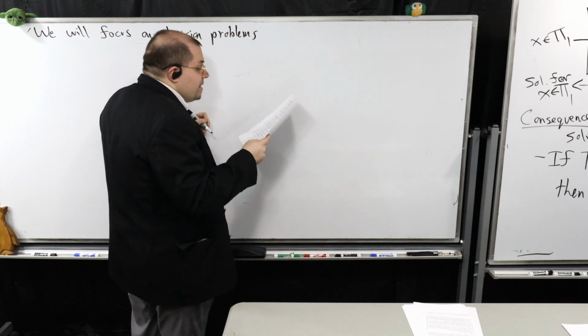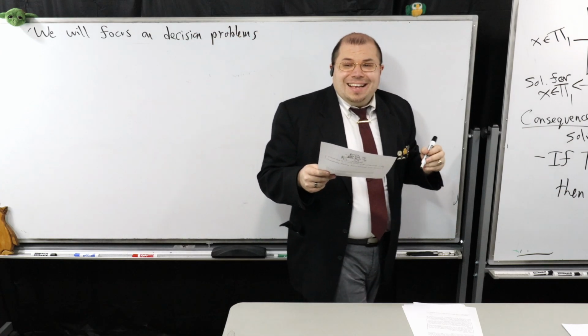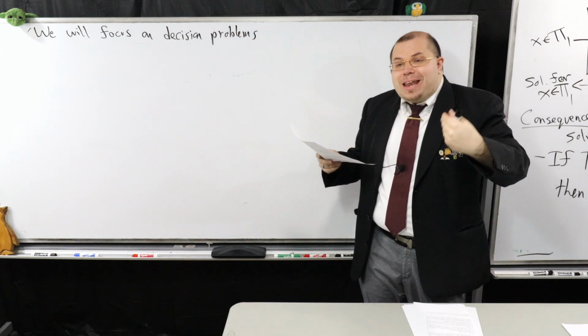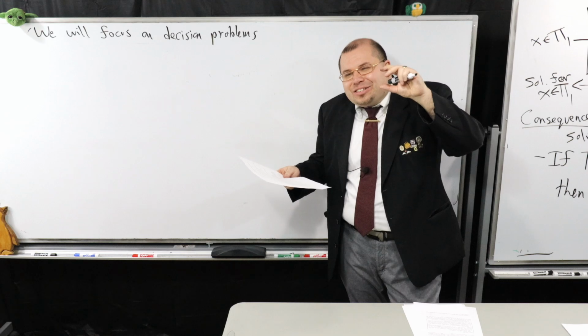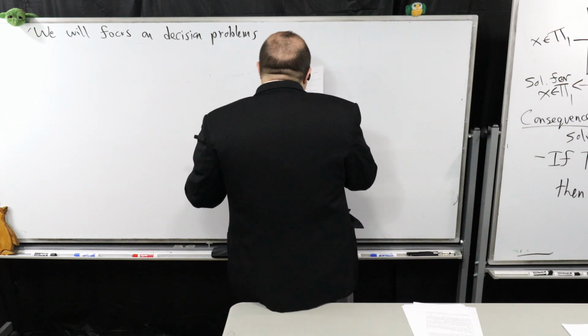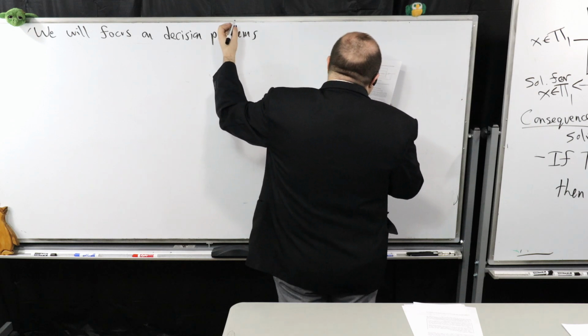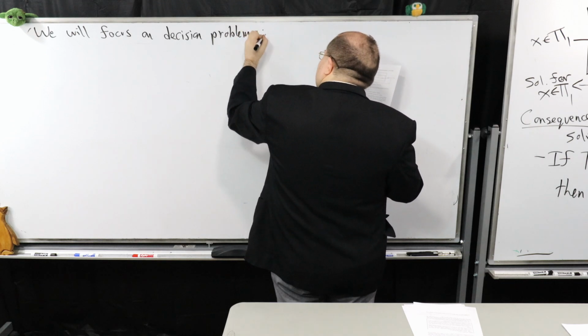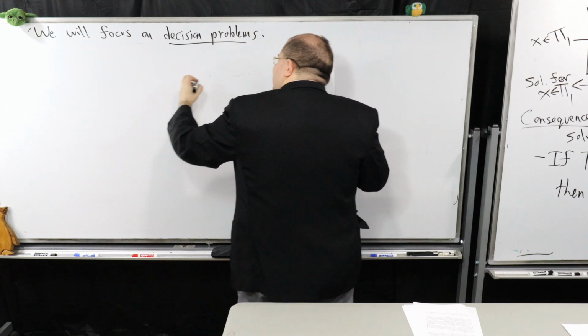You might say, Dan, that's rather restrictive, right? It's just yes and no answers. But believe it or not, many problems can be easily recast as decision problems, which I'll give you an example of in a moment. So you might ask, what's a decision problem?